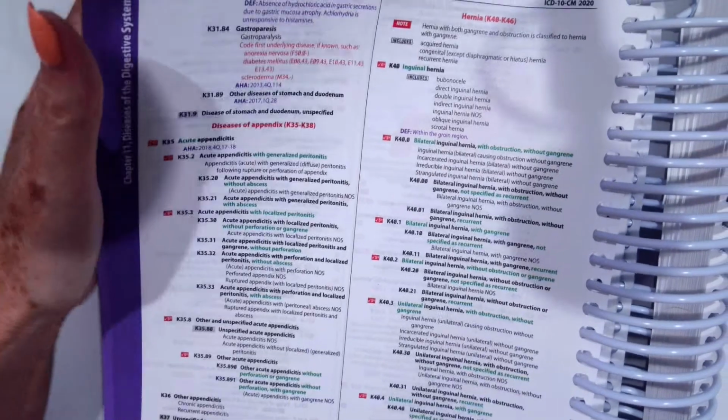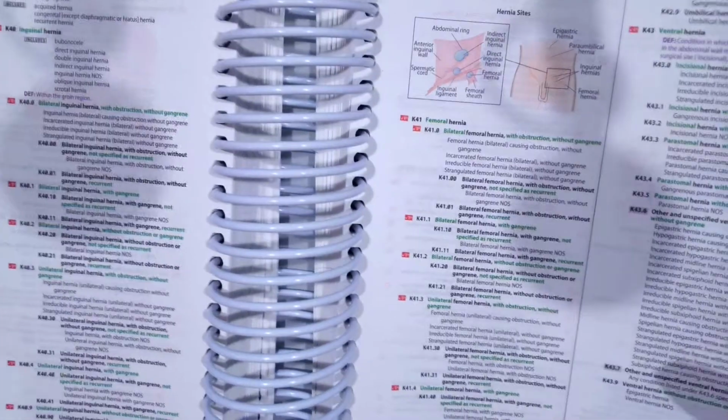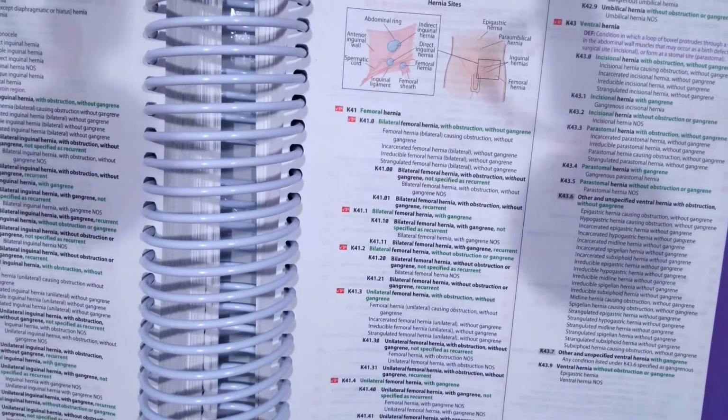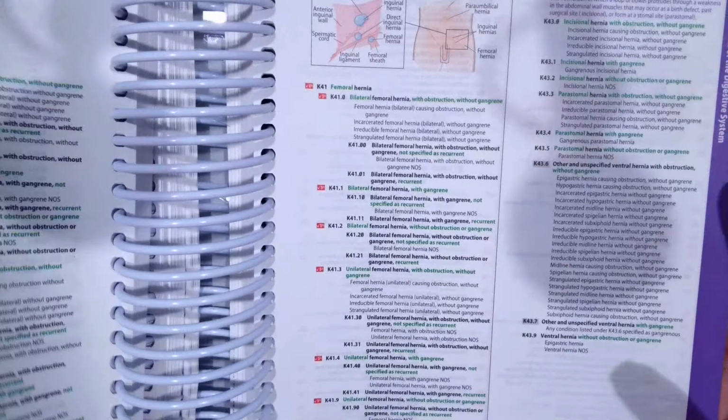And finally, let's code one more. We're going to code a fracture of the right radius, and it was the shaft. So our main term in that is going to be fracture.